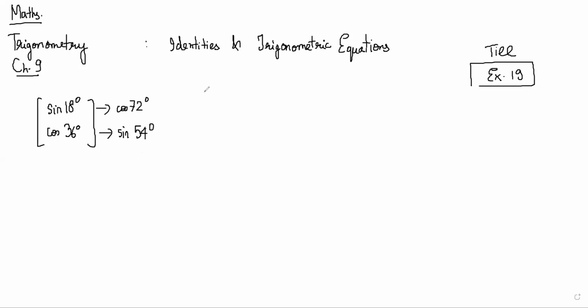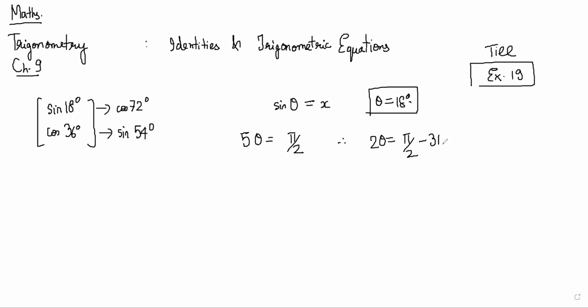The idea is, let's say sine theta is equal to x and theta is equal to 18 degrees. So 5 theta will be equal to 90 degrees. Therefore you can write 2 theta is equal to pi by 2 minus 3 theta.